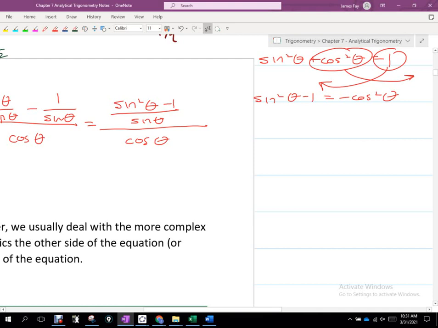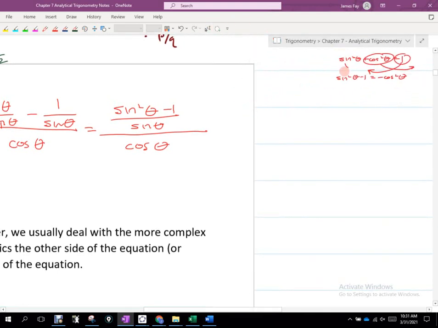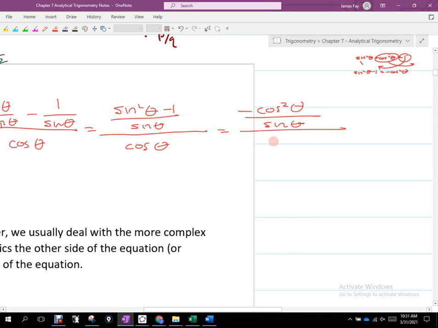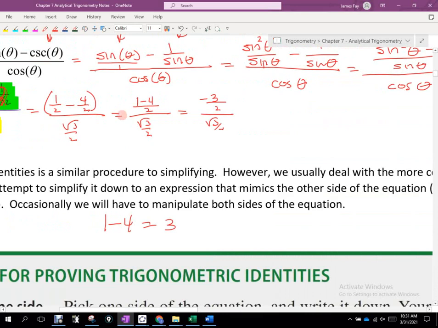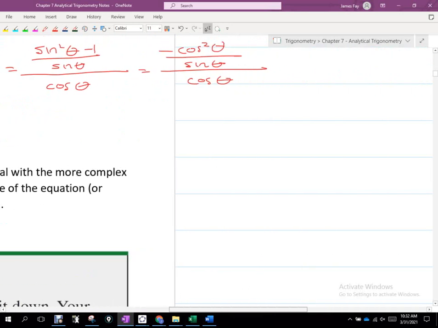So this numerator right here, this thing right here is going to become negative cosine squared theta all over sine theta all over cosine theta. Okay. Go back to this one. Once you have one fraction divided by another fraction, how do you evaluate that? Multiply by the reciprocal of that thing right there, right? Come back here.